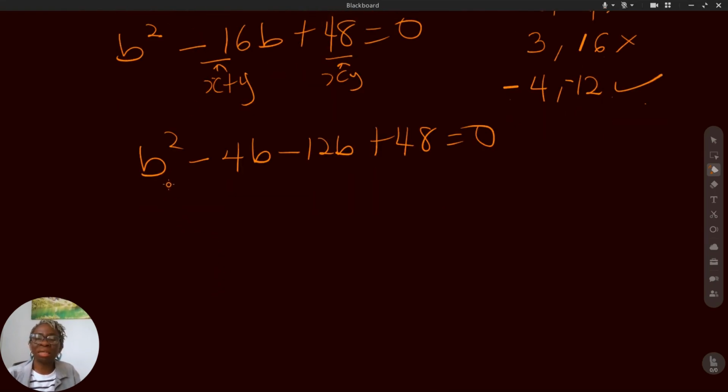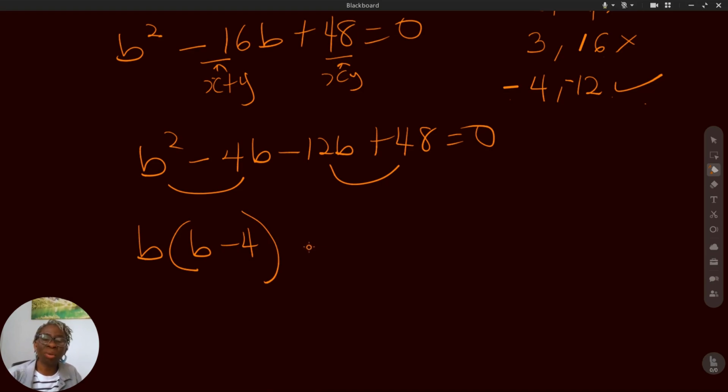So now let's take them in 2 so that we have b common here, and then we'll be having b minus 4. And then for this, because we need negative in the bracket here, let's bring out negative 12.